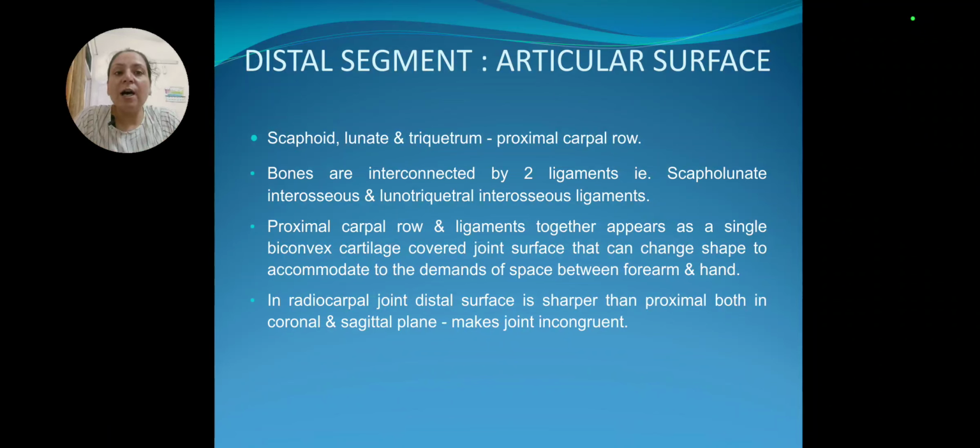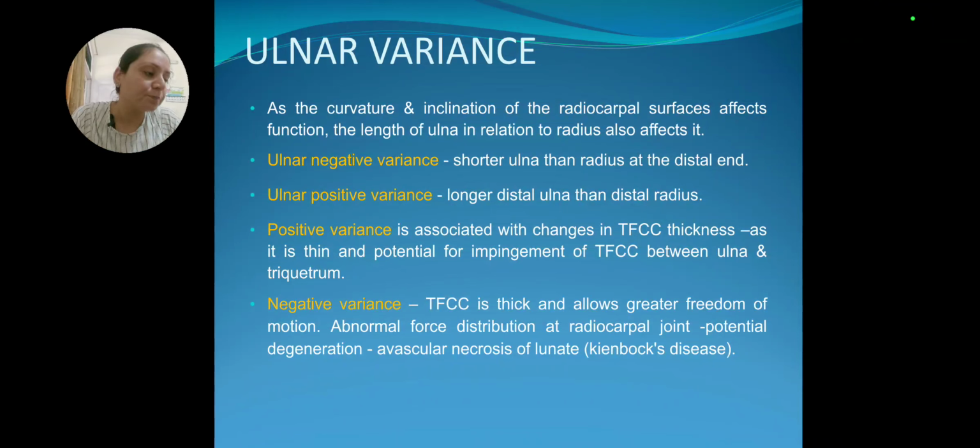Fine. So this proximal carpal row and ligaments together appears as a biconvex cartilage covered joint surface that can change its shape to accommodate the demands of the shape of the hand and forearm. So this is basically an incongruent kind of joint. It is not a congruent joint. Therefore it allows a large range of motion also.